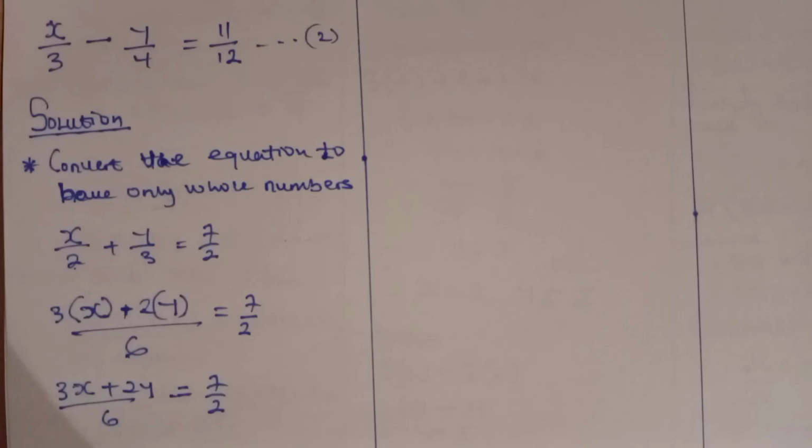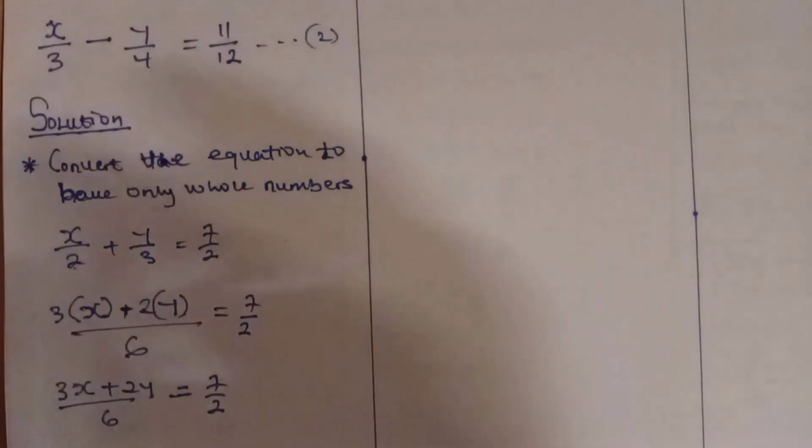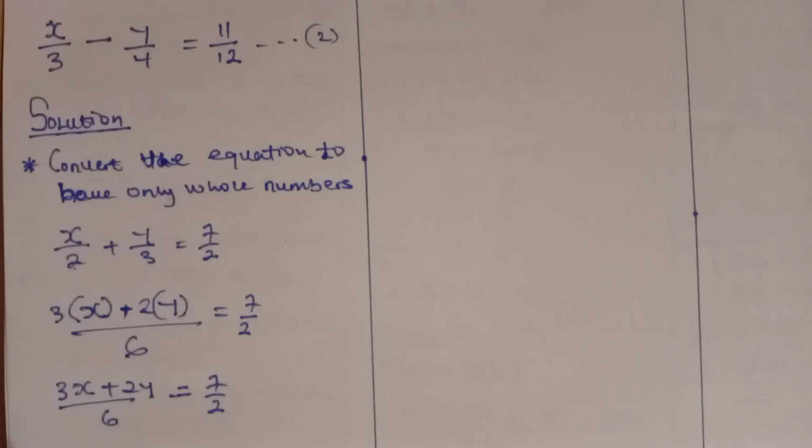So you have an option here. You can use 2 to multiply this whole term and use 6 to multiply 7, or you can use 6 to multiply this whole term. In this case, I'm going to use 6 to multiply this whole term, and we'll confirm if we have the same answer at the end of the class.